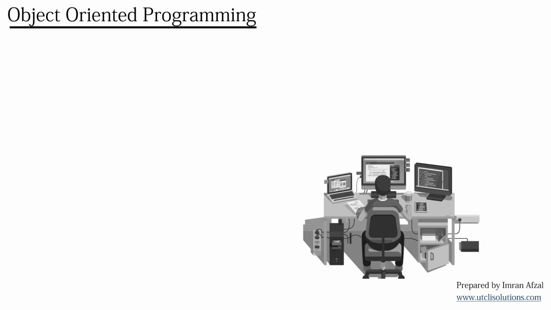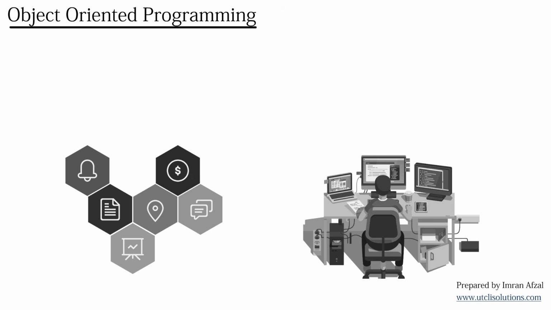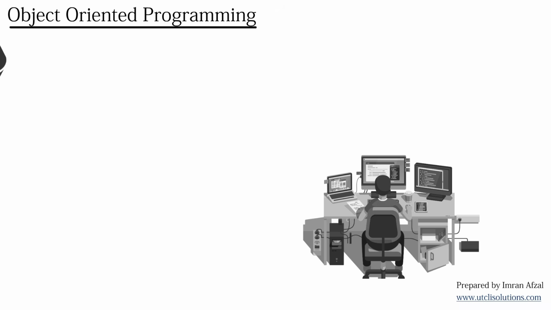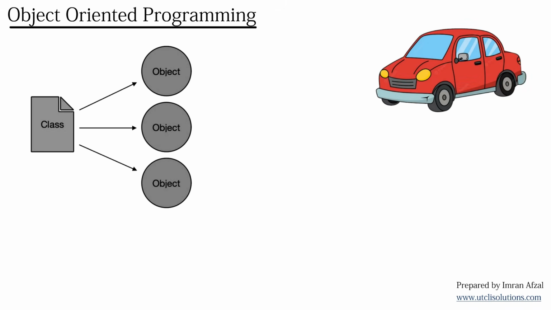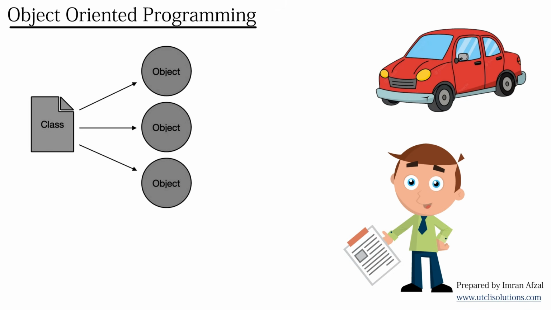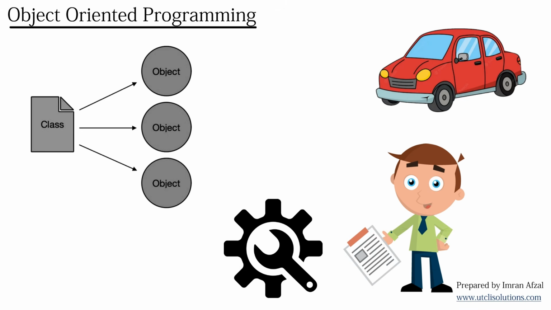It helps programmers to create modular and reusable code by breaking down the program into smaller, self-contained objects that interact with each other. Just like we created the car as an object which has its own smaller self-contained program. This approach allows for easier understanding, maintenance, and of course, expansion of your program.